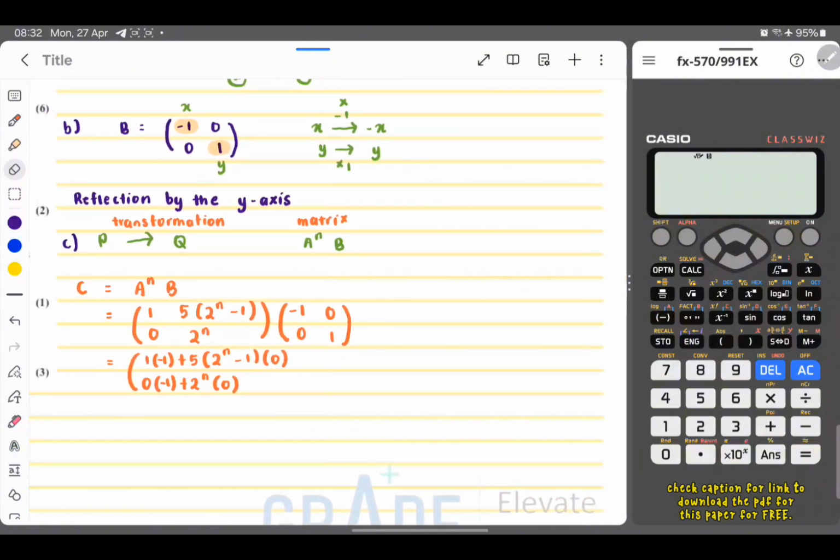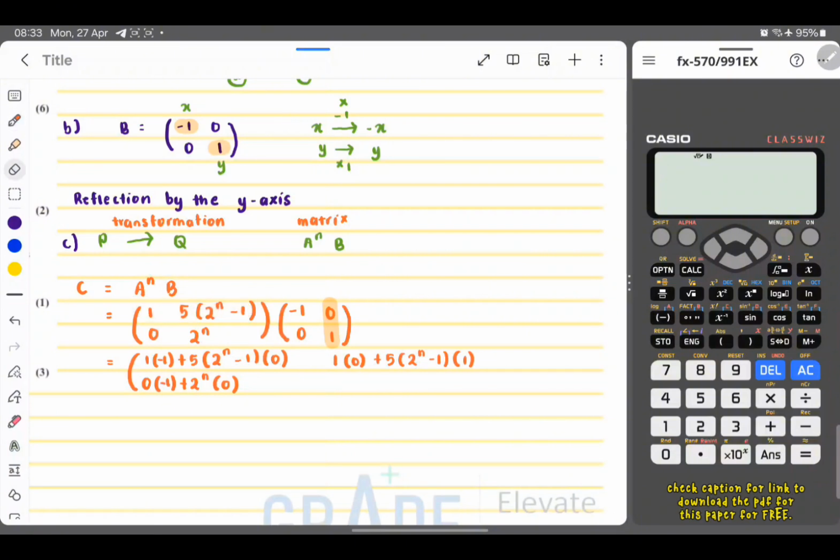Now, next element, we will consider first matrix, first row, second matrix, second column. Elements from the first matrix, 1, plus 5 open bracket 2 to the power of n minus 1. Now, elements from the second matrix, first bracket would be 0, second bracket would be 1.